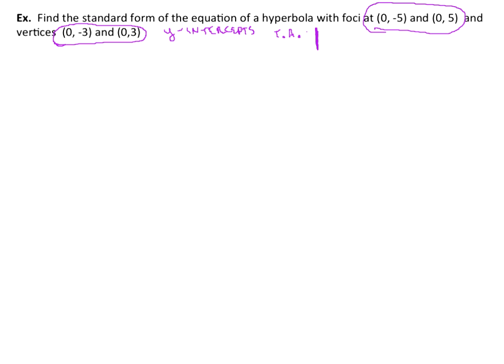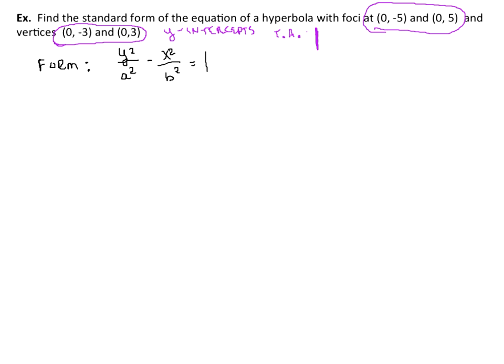Okay, so the form that we're going to try to write this equation in will be y squared over a squared minus x squared over b squared equals 1, because of the vertical transverse axis. That's why the y is leading this time.